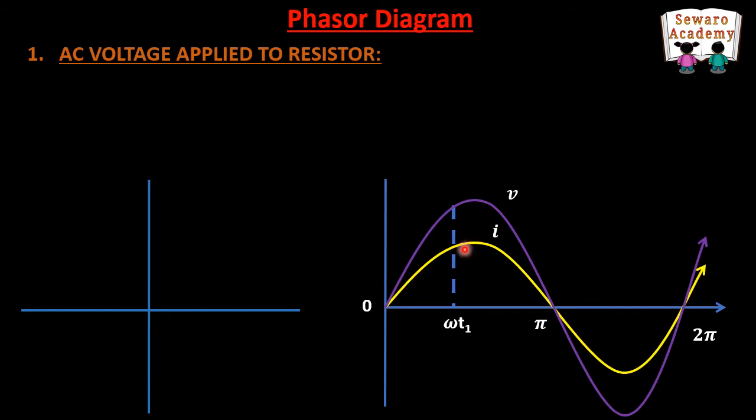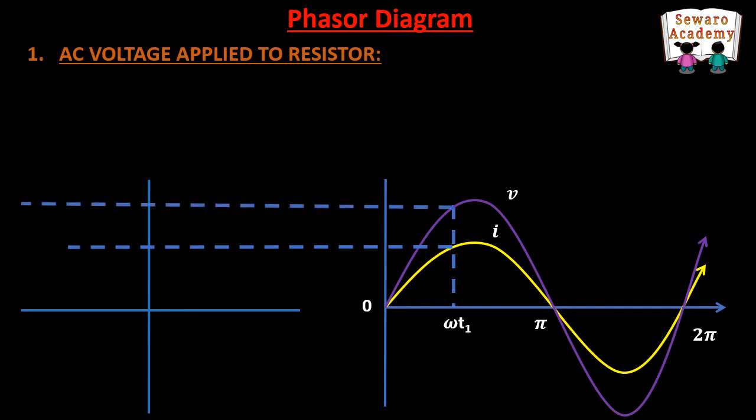Here in the curve, this is the point where the current curve and the vertical line intersect, and this is the point where the voltage curve and the vertical line intersect. From these two points, we draw horizontal lines. This is the horizontal line drawn from the current curve, and this is the horizontal line drawn from the voltage curve.